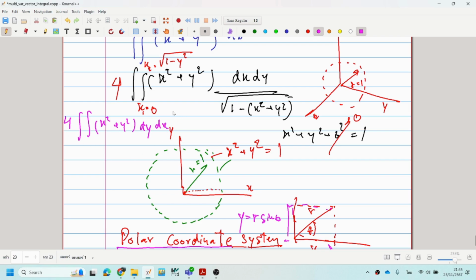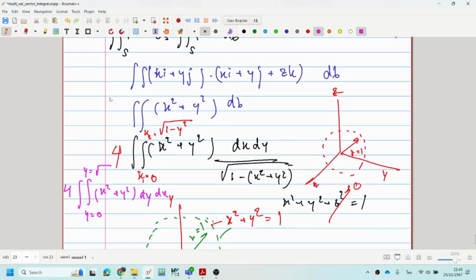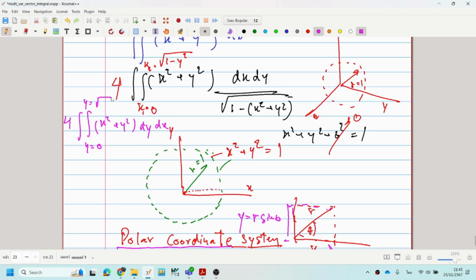The internal integral in dy goes from y equals 0 to y equals square root of 1 minus x squared.